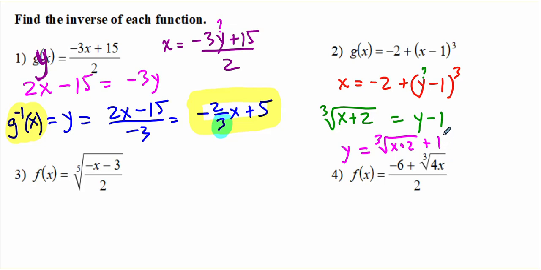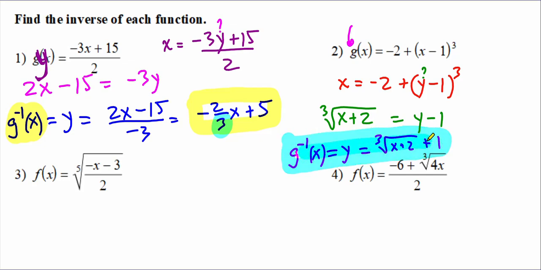And as a final step, I'm going to rename it back into letter g, but I can't just say g, this is g inverse. So there is my final answer. Let me highlight this, final answer.